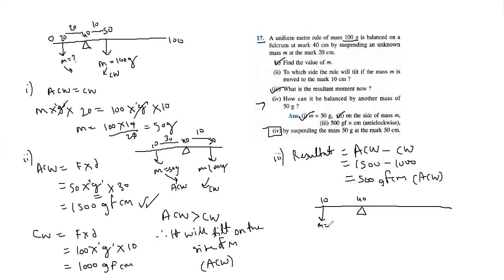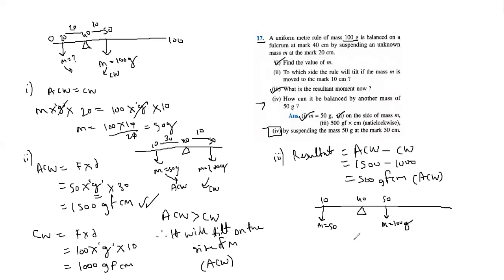The previous mass available was 50 gram, right? And the weight of the ruler is available at 50, which is 100 gram. Now the question says, how will we balance it?